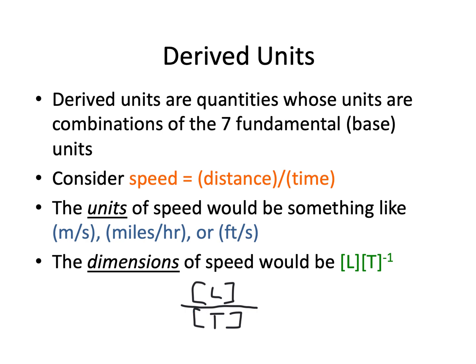So more often than not, we tend to express dimensions in terms of power. So this would be L to the 1 power, that's understood, times T to the -1. That's the same as L over T, but that would be the way that we would normally express the dimensions of something like speed. And the specific units could be feet over seconds or miles over hours or whatever, but the dimensions would just be denoted that way.